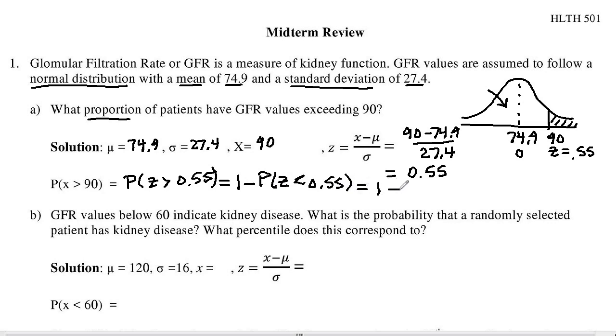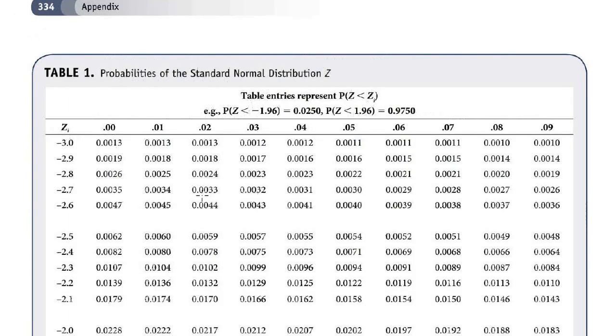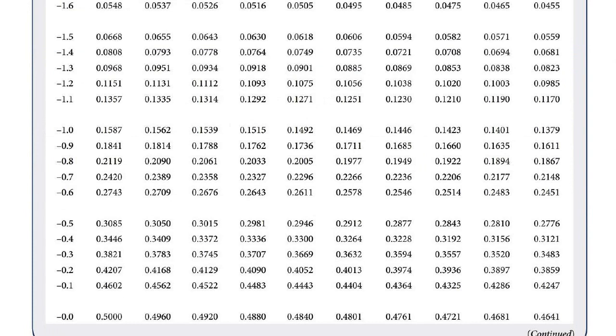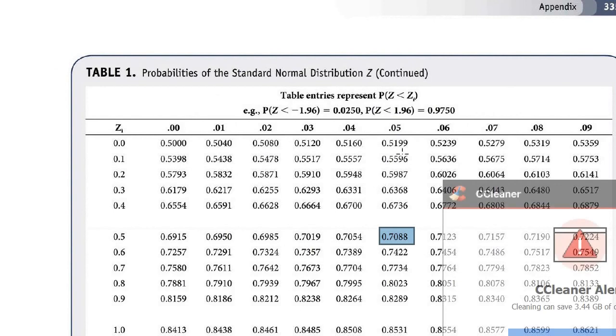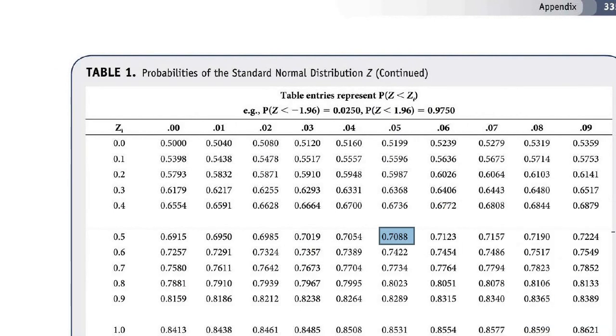So that's going to be 1 minus, and now we find 0.55 in the table. So these are negative z-values, so we're going to scroll down here till we get to the positives. Okay, 0.5 and 0.05. So we intersect those row and column. So 0.5 row, 0.05 column. They add up to 0.55. 0.7088 is that value.